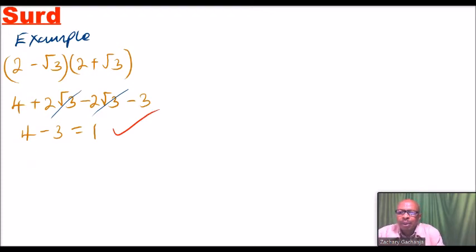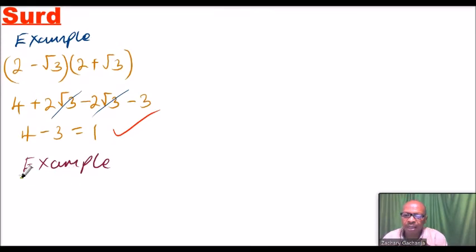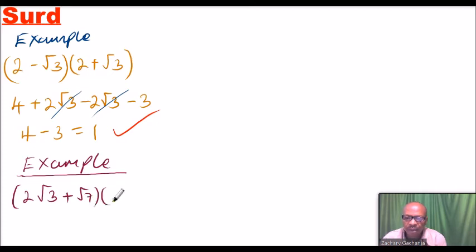Another example we can look at is, let's say, example, we have another example here which we are going to look at, and that is 2 the root of 3 plus the root of 7, and then we have into bracket the root of 3, then plus 4 the root of 11.